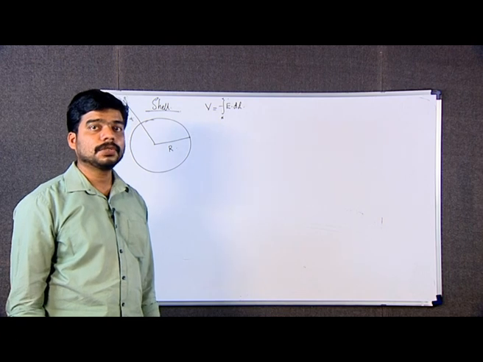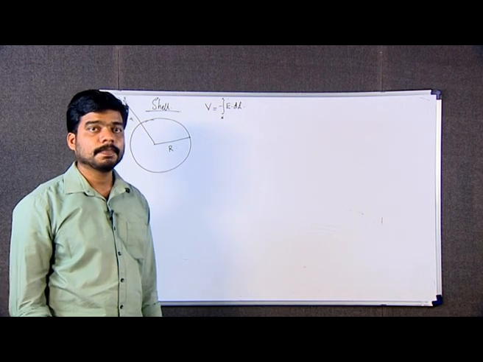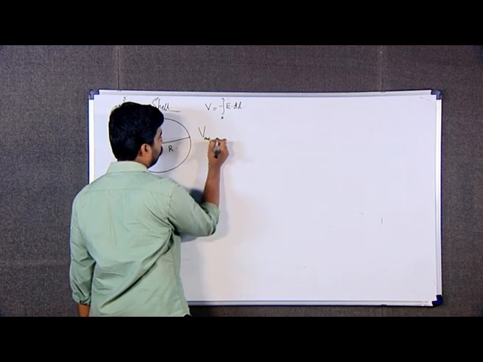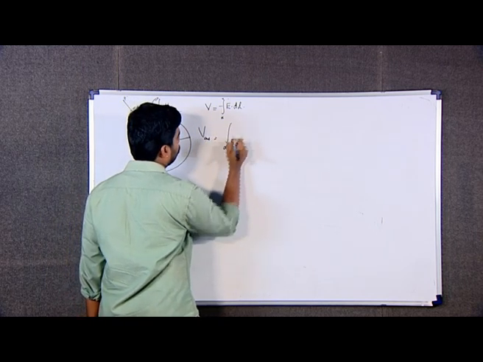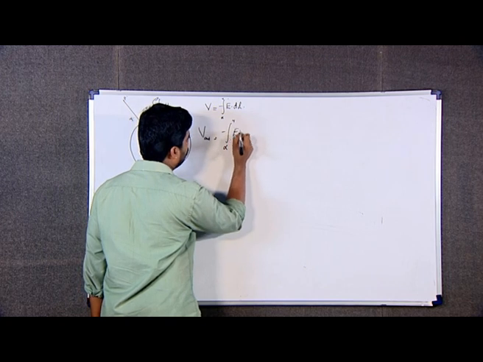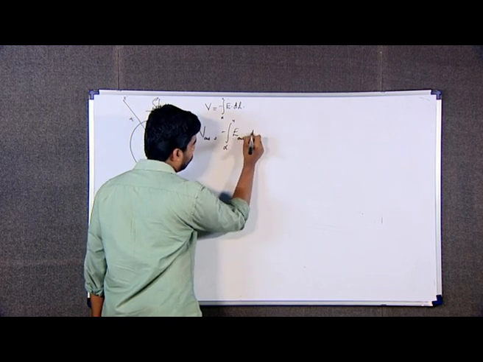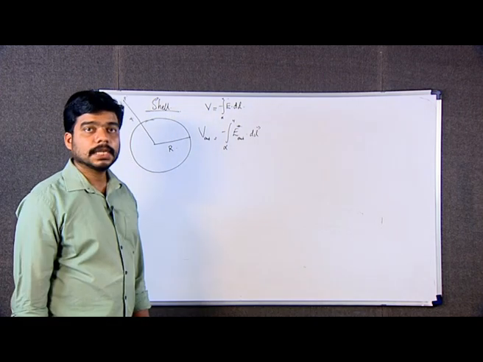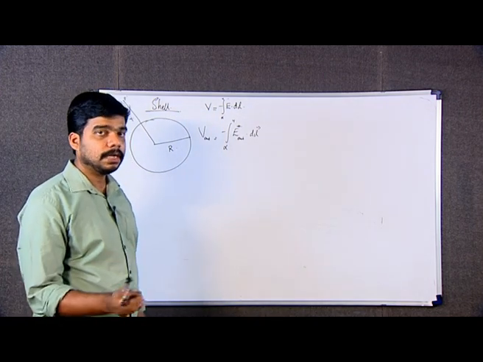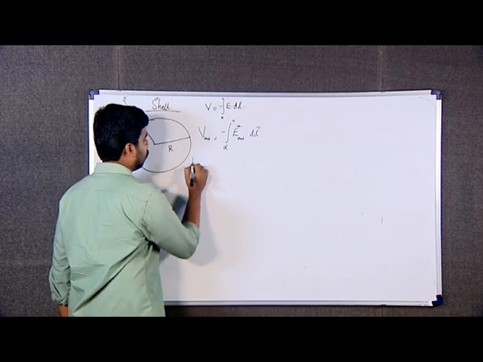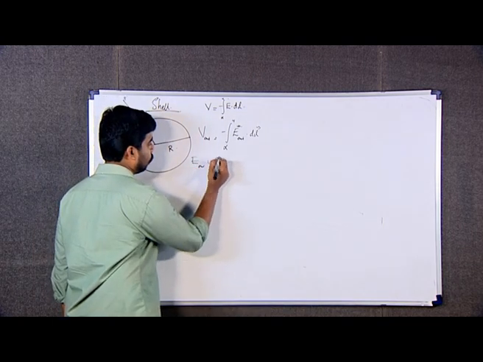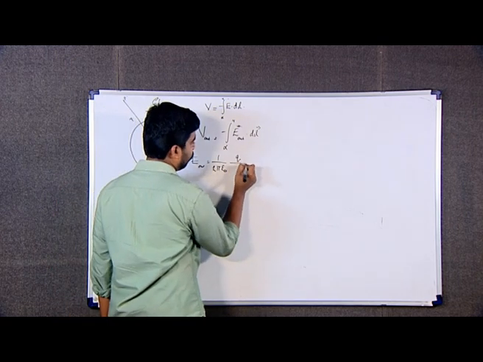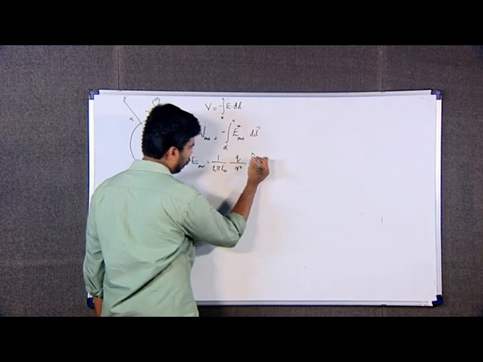Now, I can choose this reference point as infinity, and I can write V out is equal to the integral from infinity to r of minus E out dot dl. What is the electric field produced outside the shell? We know that E out is equal to 1 by 4 pi epsilon 0 q by r square into r cap.